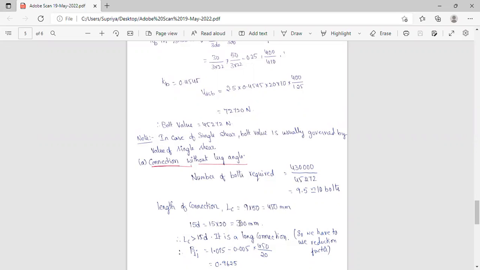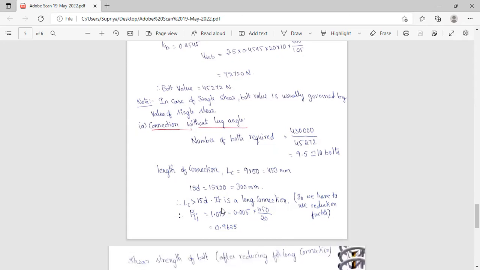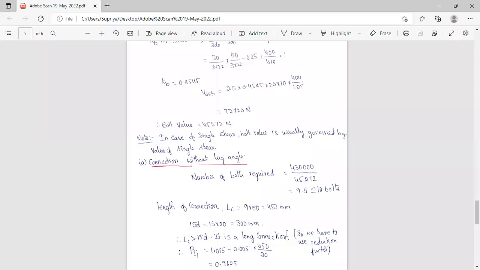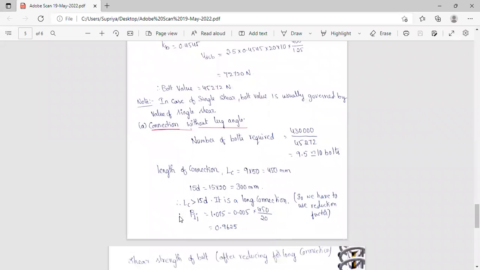As per the IS code provision we have to provide 300 mm only, but the required length of 450 mm is more. So it is a long connection, and if it is a long connection, we have to consider the shear reduction factor.